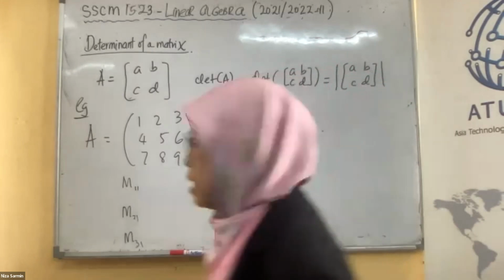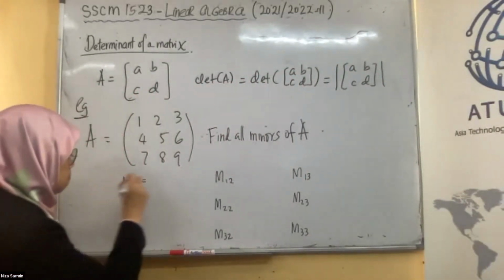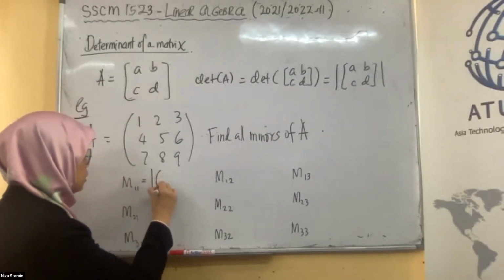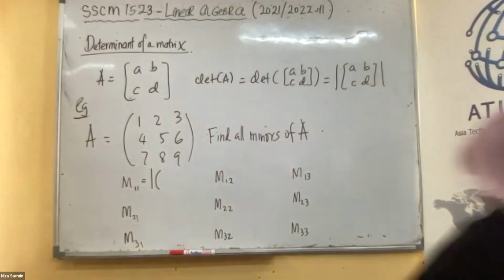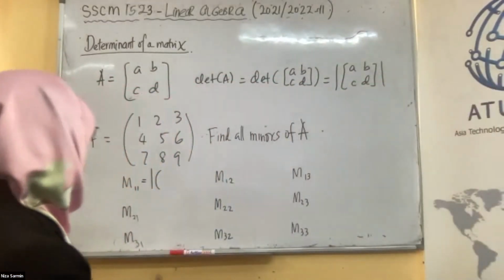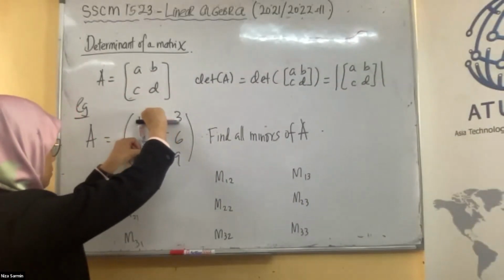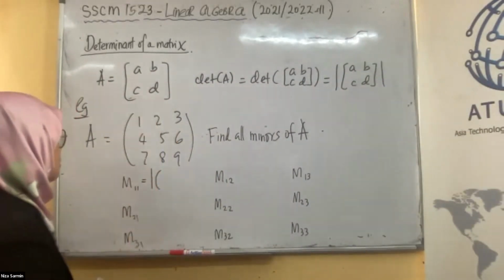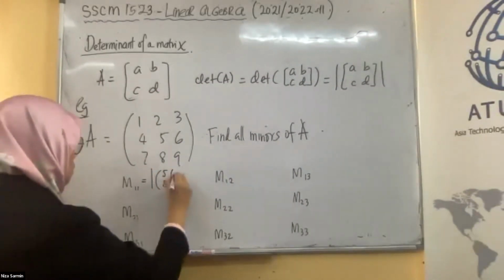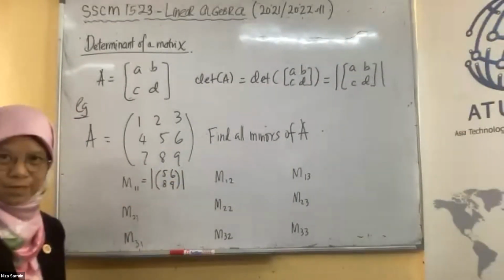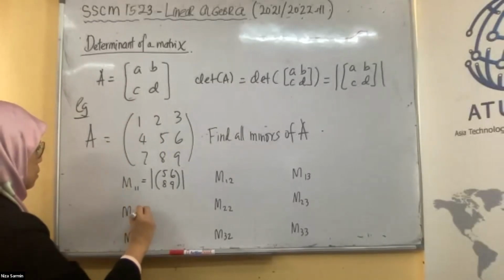Okay, so this is the determinant of a submatrix when I delete row 1 and column 1. Delete row 1, column 1, so you will get this, right?